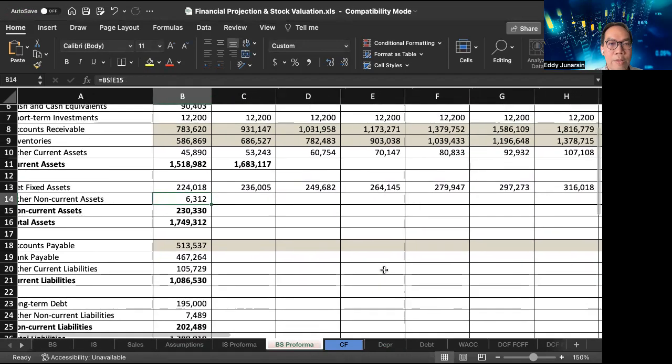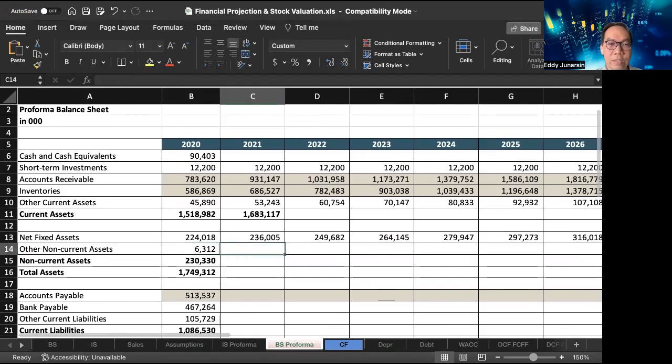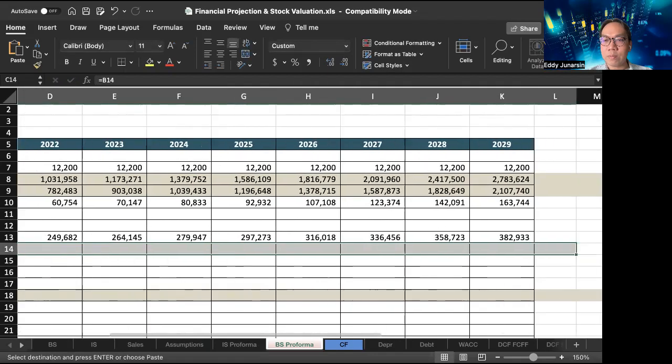Okay. Other non-current assets, again, the amount is not substantial. You can assume that it's constant, or you can assume that it's going up together with sales, that percentage of sales method. Yeah, but maybe for this one, I'll just assume that it's constant throughout.